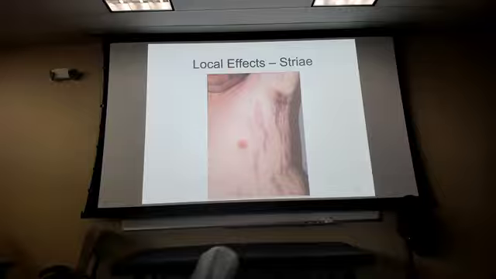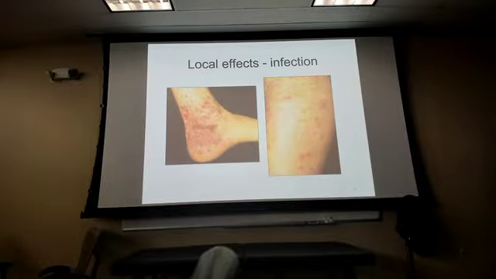Striae, so you can see all up and down over there. That can happen. I am not 100% saying that this striae in the photo is because of steroid, but it's just showing you what it can look like, because that looks like obesity to me. But, I mean, it could be steroids, but that's what they look like.